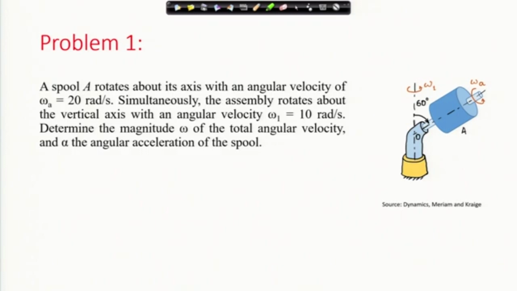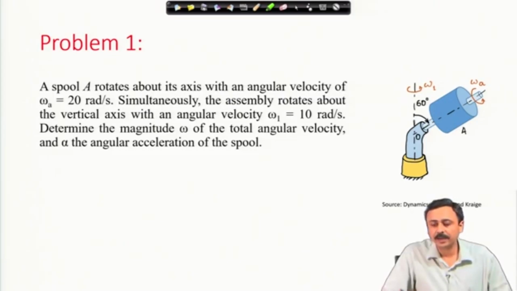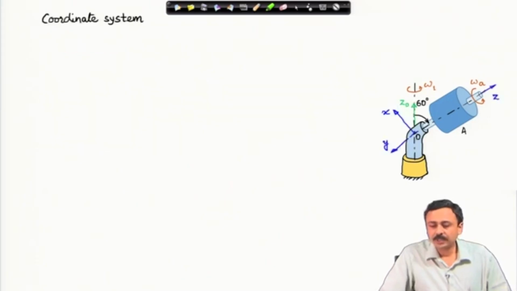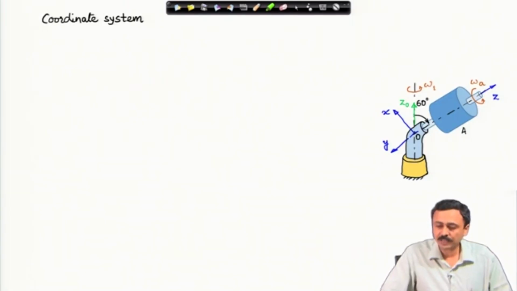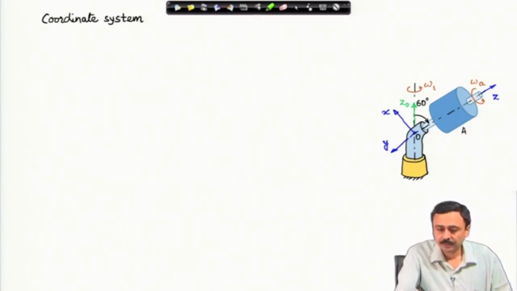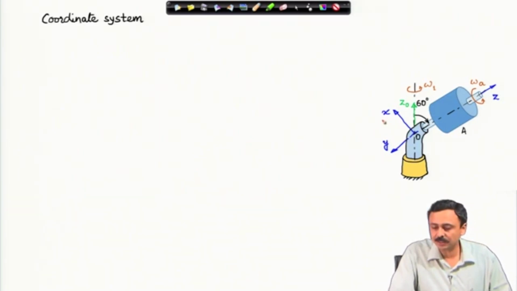Now, this system is an example of our prototype system, and this spool can be considered to be rotating about that point O. First, we fix a suitable coordinate system. The coordinate system that we have discussed for our prototype problem, we will extend that here. As you can see, I have made a little bit of change in the way I have marked the x, y, z axes.